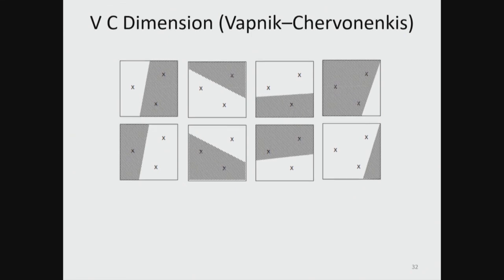Assume that instead of these 3 points, suppose we have 4 points in that square. Is it feasible to separate 2 similar type away from another 2 dissimilar type?